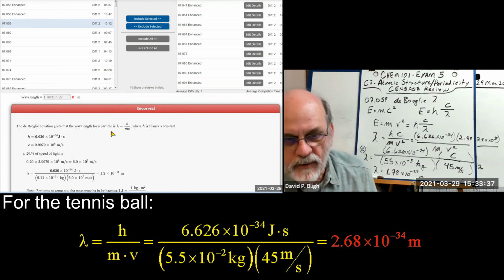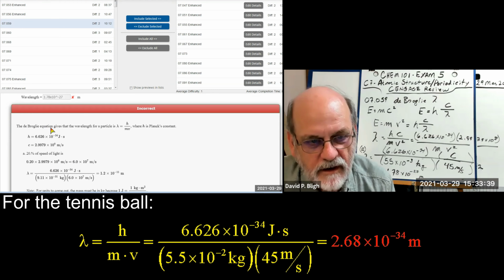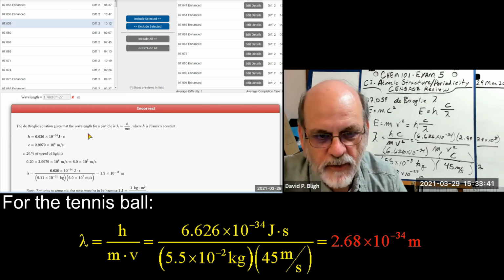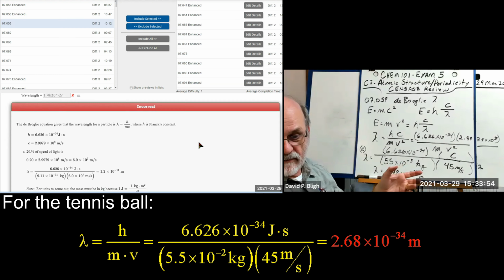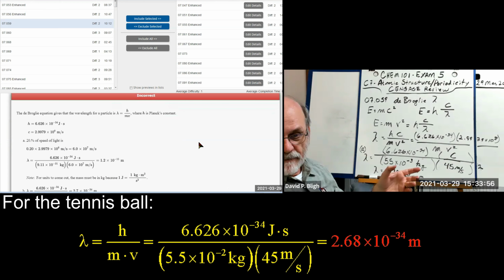Is this the right formula? Okay, the de Broglie equation gives that the wavelength for a particle is h divided by mv. Okay, so I was using the wrong formula. I don't know why this formula didn't work.